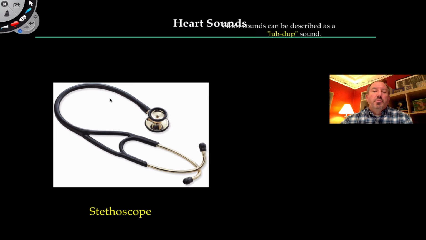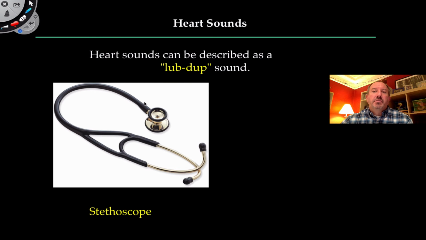And so when we talk about valves, obviously they close, and they close in unison. When we listen to the heart with this instrument called a stethoscope, we hear a classic familiar sound of the heartbeat. Sometimes we refer to it as bum, bum, bum, but actually it's more like a lub-dub, lub-dub, lub-dub sound as it's described.